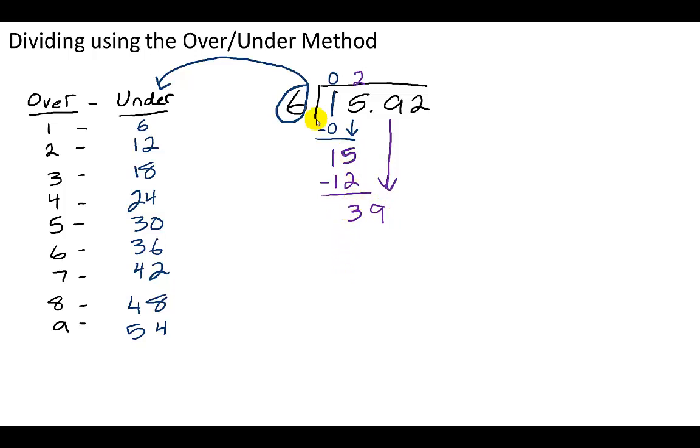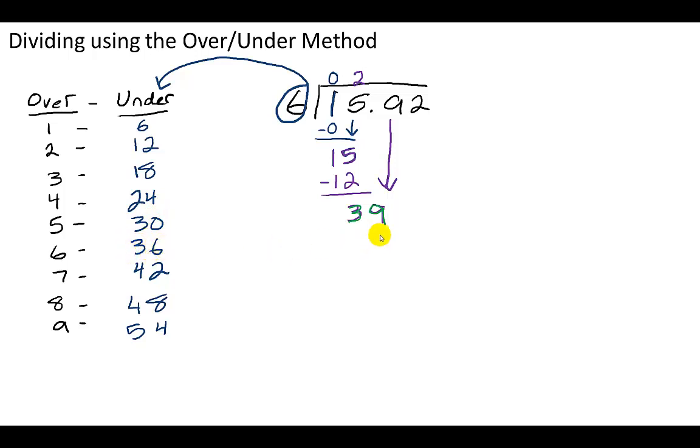We're now looking at 6 into 39. So looking at our under list, we're looking for either 39 or a number close to but smaller than 39, and that would be 36.